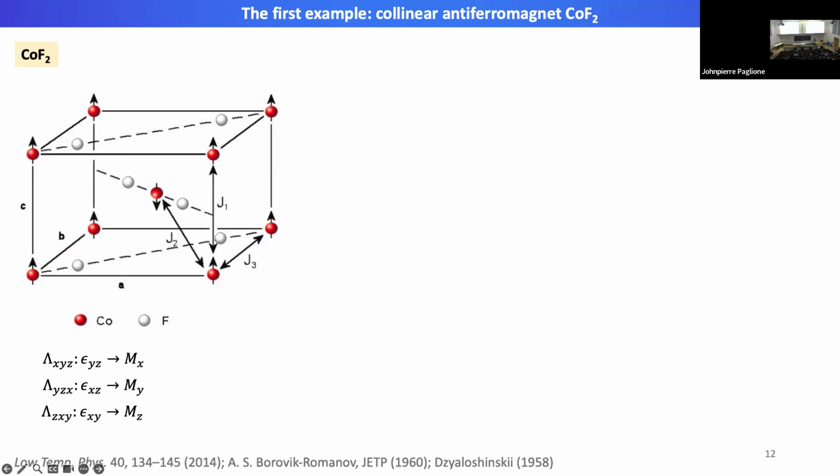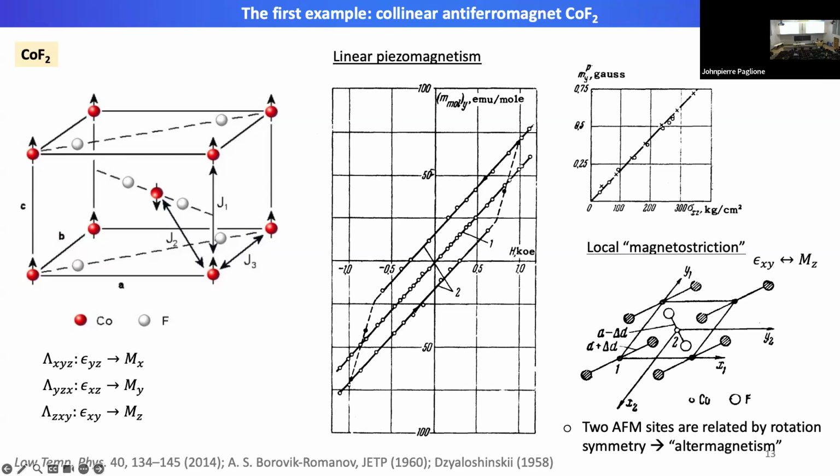From this magnetic structure, the allowed piezomagnetic coupling would give us three different off-diagonal terms, where you can see that YZ shear strain would induce an X magnetic moment, XZ a Y moment, and XY a Z moment, and so on. Experimentally, this piezomagnetic coupling was measured in a setup where you are able to measure the magnetization as a function of stress.